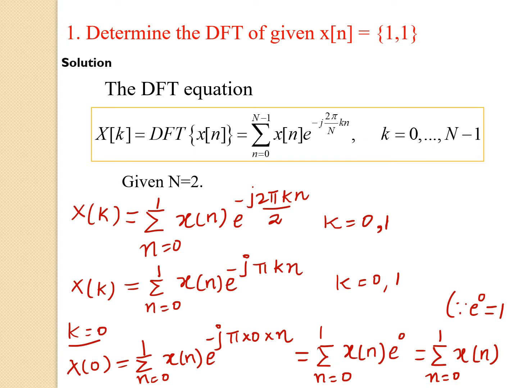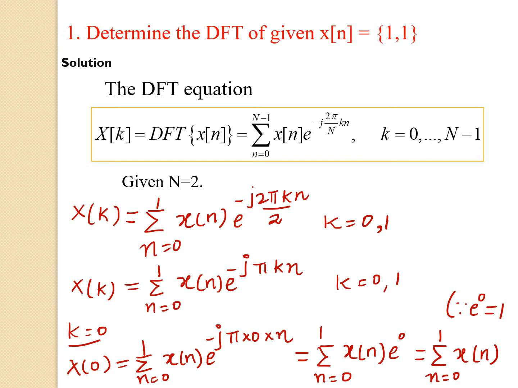So k is equal to 0 means X of 0. So X of 0 is equal to summation extending from n is equal to 0 to 1 x of n into e power minus j pi into, for k we can directly substitute 0. So 0 into n, and this e power term multiplied with 0 becomes e power 0.